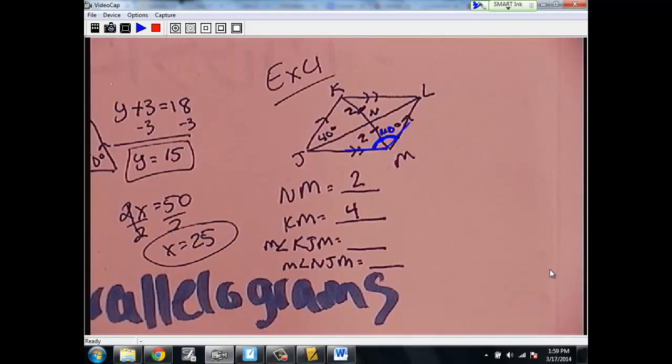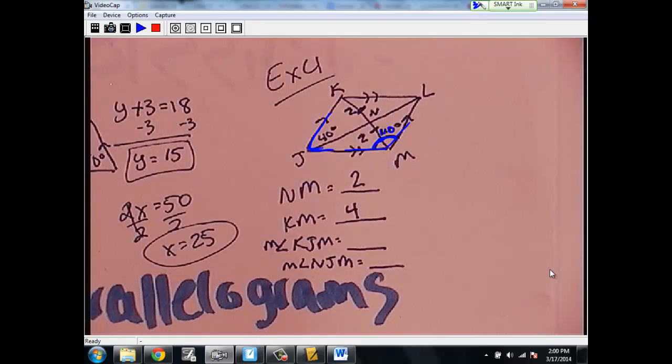Okay. And now I say down here, KJM. Find the measure of angle K to J to M. Is that an obtuse angle? Is that going to be 110 degrees too? No. So just by looking at it, you know this angle measuring here has to be less than 90 because it's acute. We okay there?